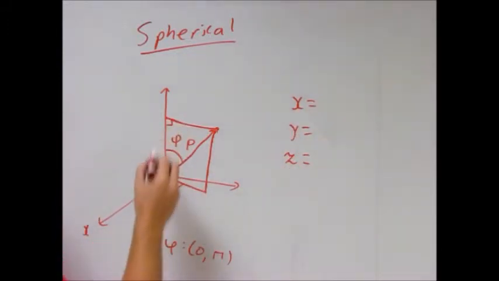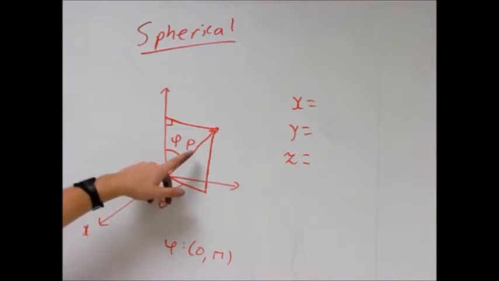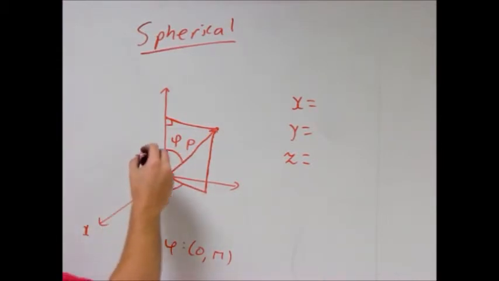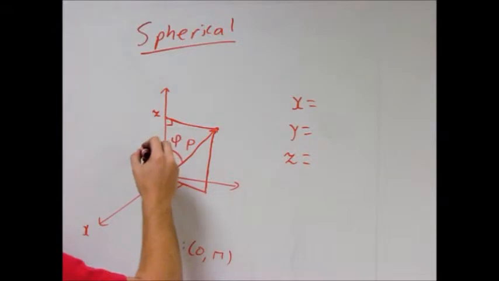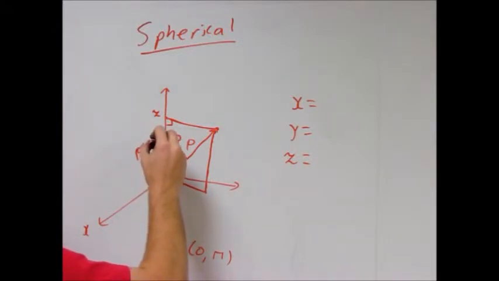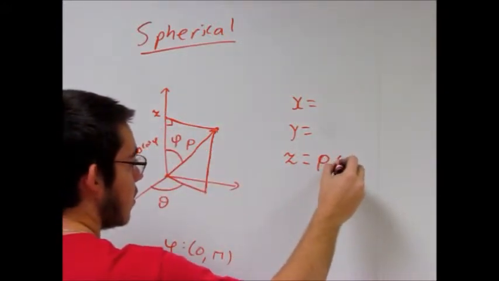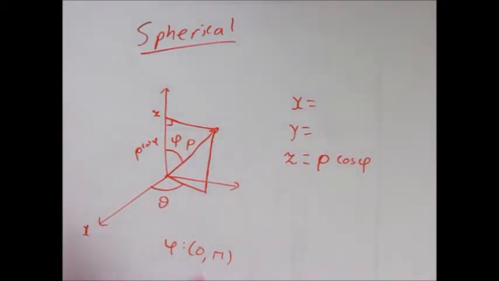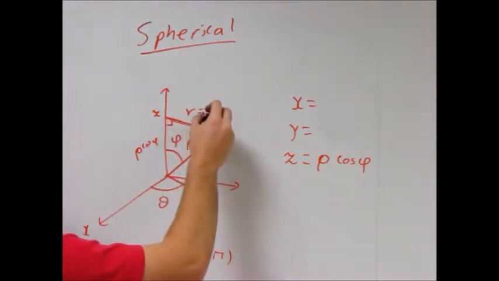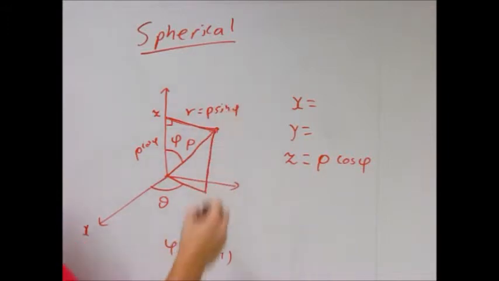If we look at this triangle right here, then the height, the z, is rho cosine phi. And this length right here, which corresponds to sort of the r value, call it r, is rho sine phi.